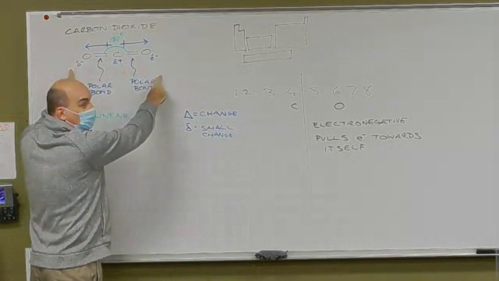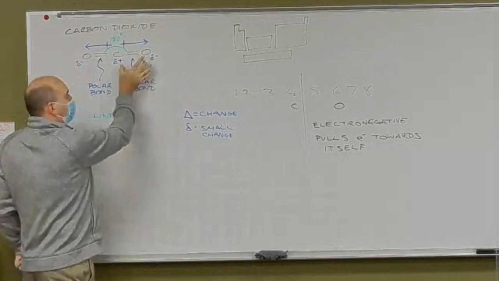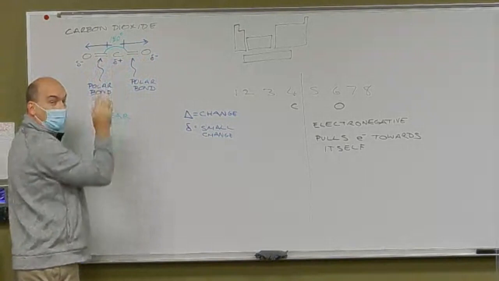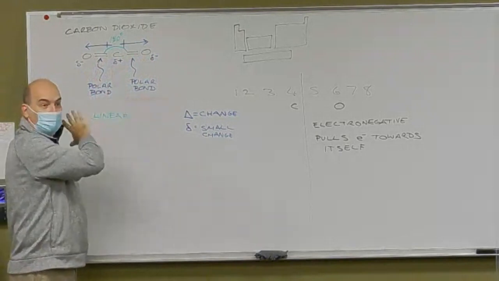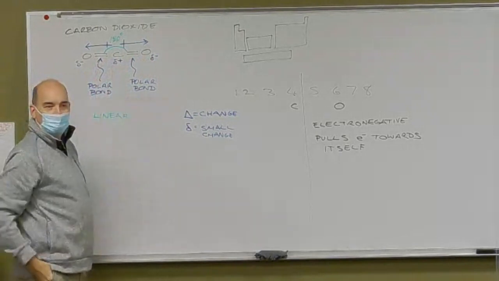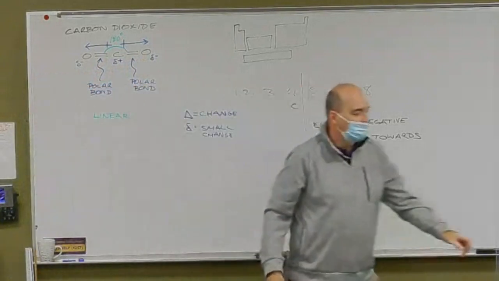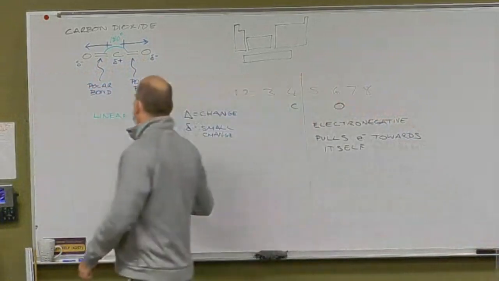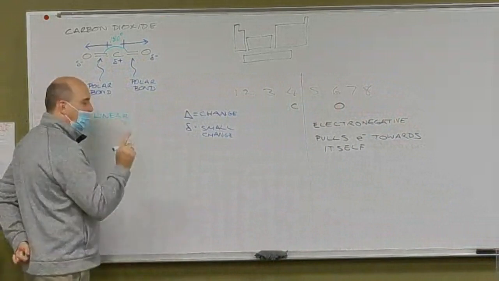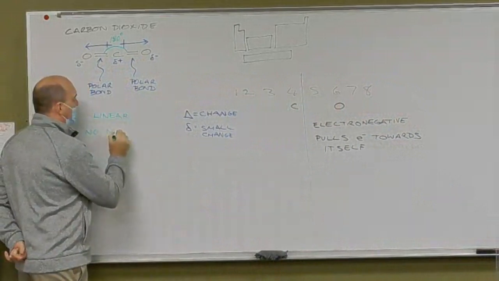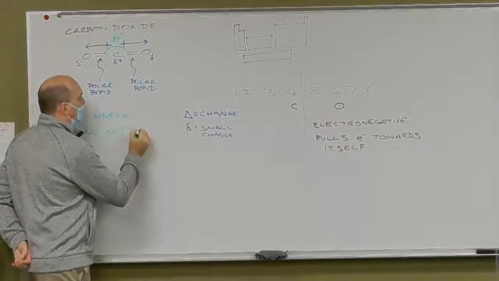They are equal, but opposite. So this bond is polar, and that bond is polar. But overall, they balance each other out. They cancel each other out. So this molecule is linear. It contains two polar bonds, but has no net dipole.